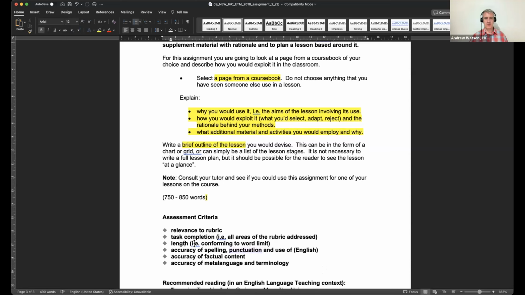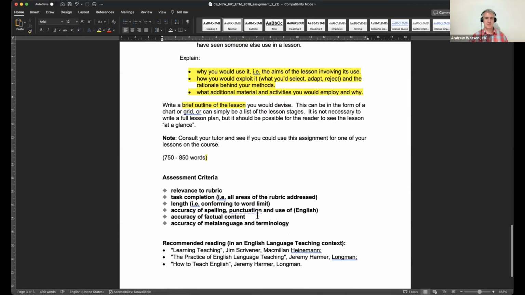Have you written at least 750 words? Don't go underneath 750. You can actually go over 850, but it doesn't matter that much if you wish to go over. Maybe 10% over. It's the usual thing.